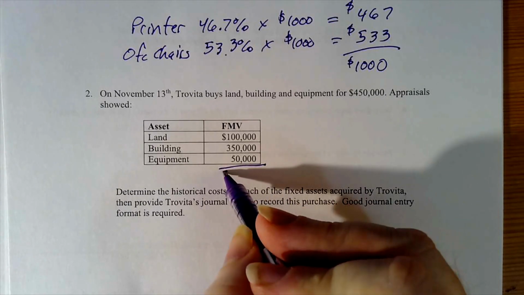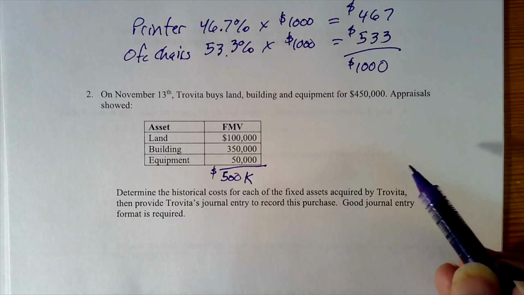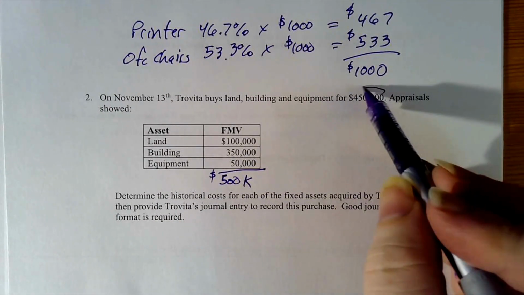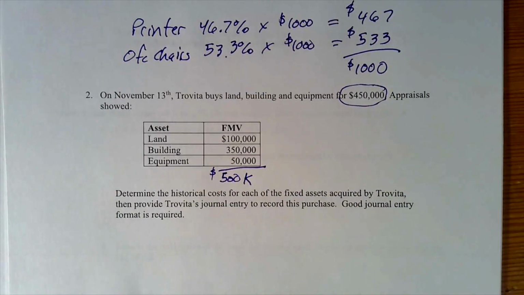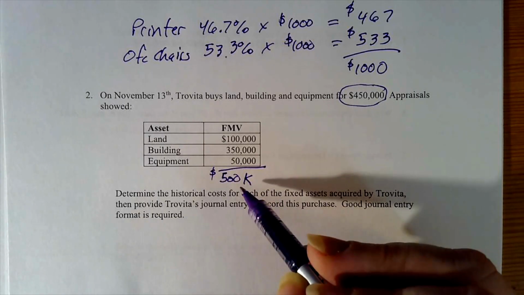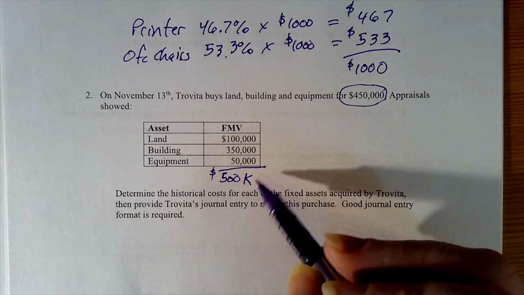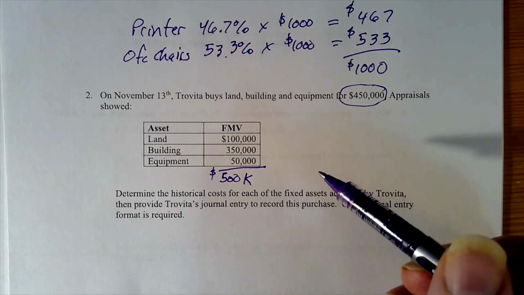So if I add these up, the market value would be 500,000. But how much did we spend? We spent 450,000, right? So what I'm going to have to do is the exact same thing. I'm going to have to figure out the percentage of the 100 out of the 500, the 350 out of the 500, and the 50 out of the 500. Figure out the percentages of the market value and apply them to the 450.